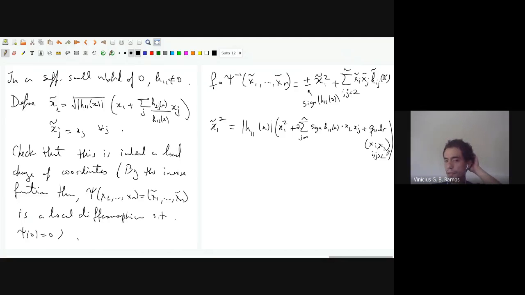Okay? This term here doesn't really matter because it's going to be incorporated in here. With the parentheses, I want to remove this parenthesis. Okay, now it's correct.